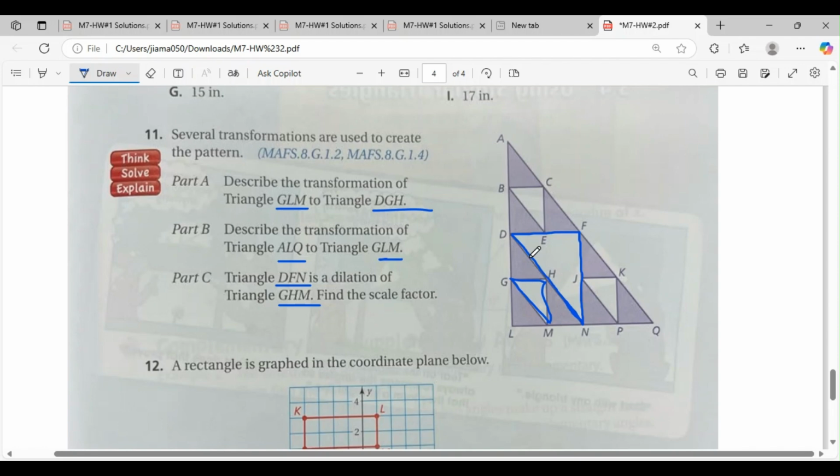We can find that the base of the bigger triangle is two sides of the small triangle, which is 2 times GM equals DN. Okay, so which means the scale factor is 2.